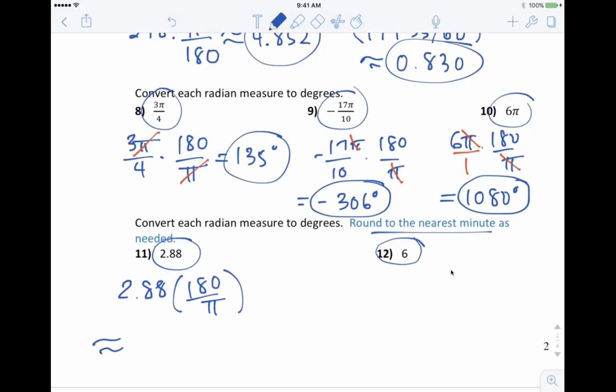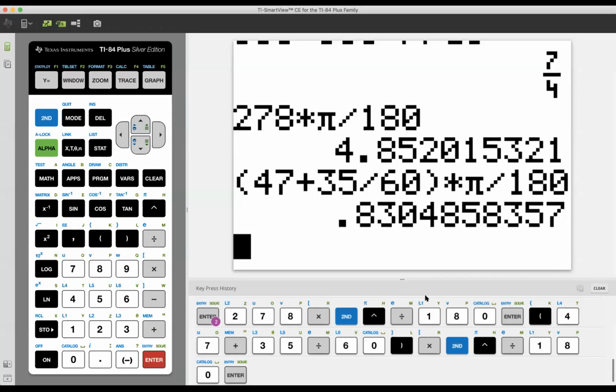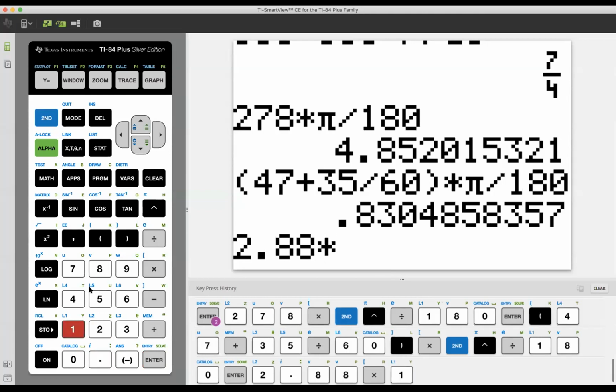And I'm going to do this all in my calculator. So let's bring that up and let's see how this works. So I need to do, okay, I'll start typing it in, 2.88 times 180 divided by pi.